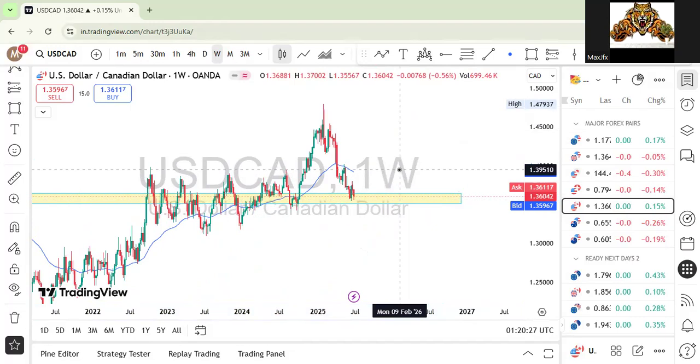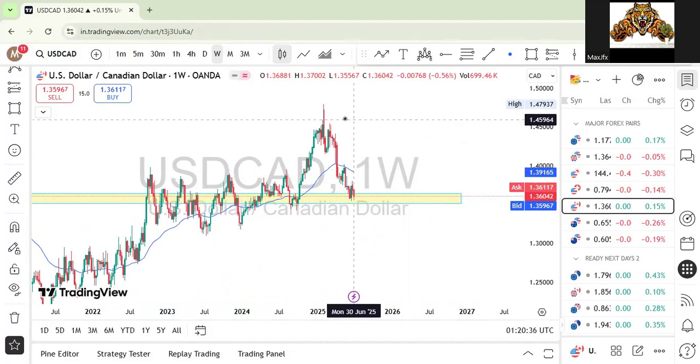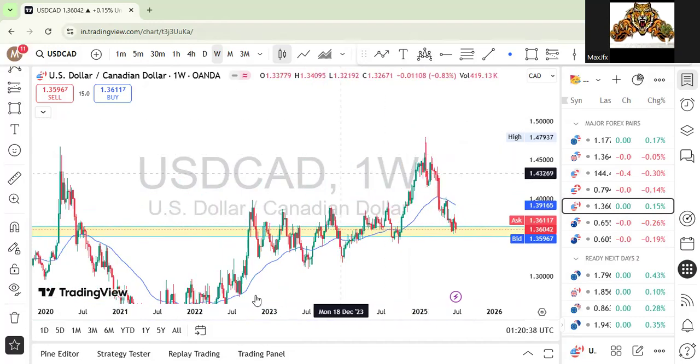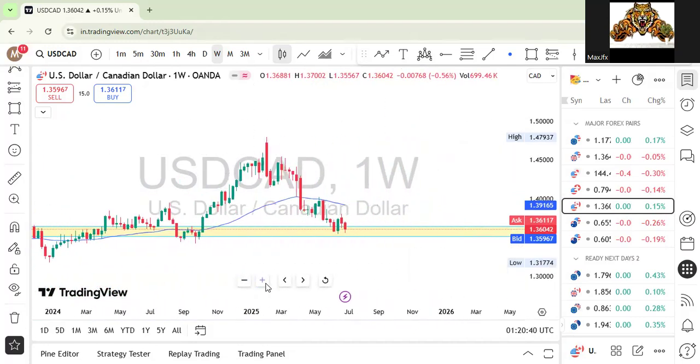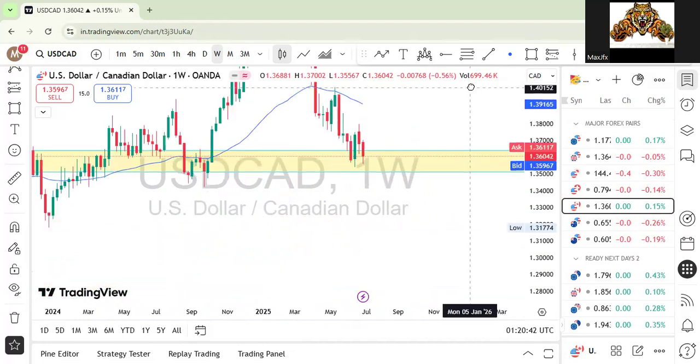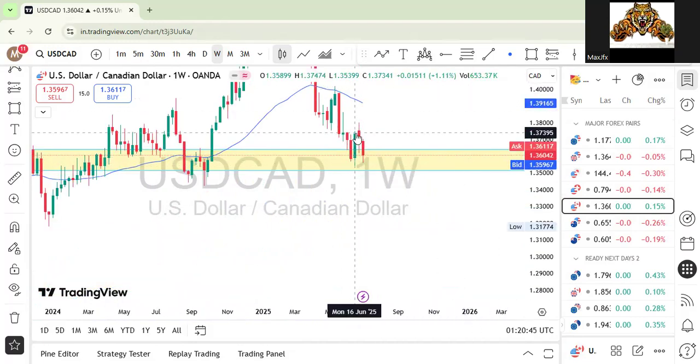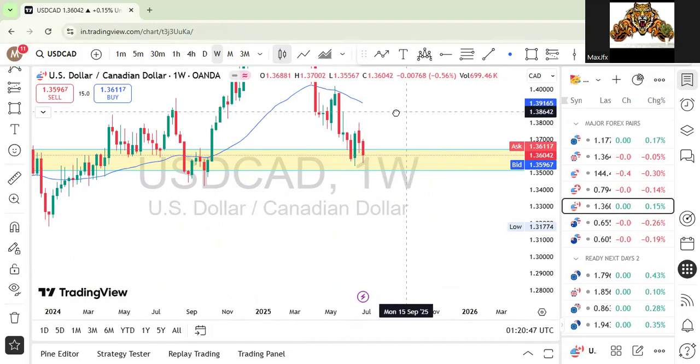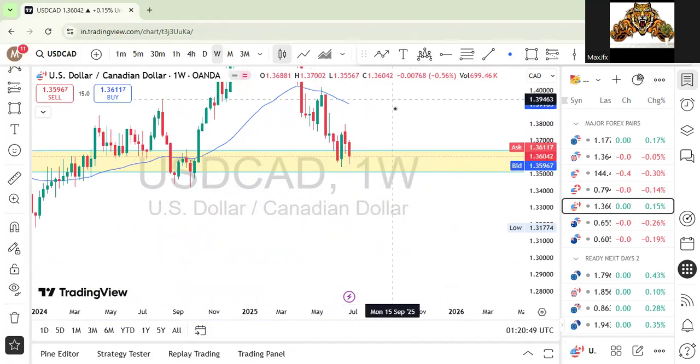Alright, so price is exactly at the zone, which makes it very easy for us because we are going to wait less in order to buy. I like this bullish engulfing right here, but it's filled. It's filled.